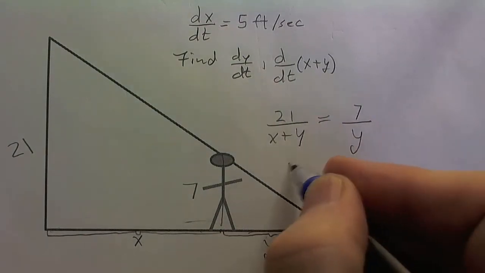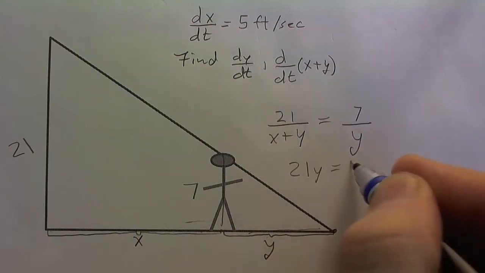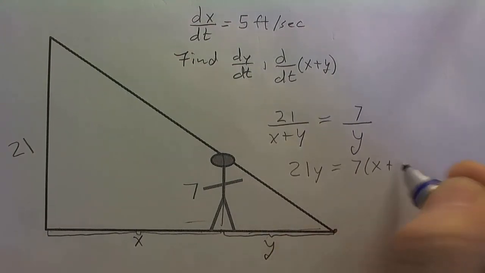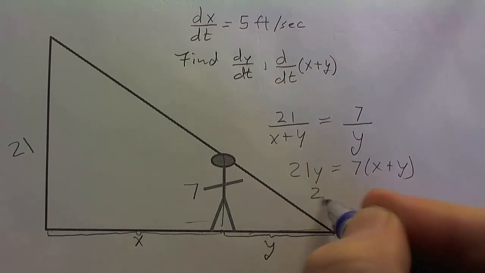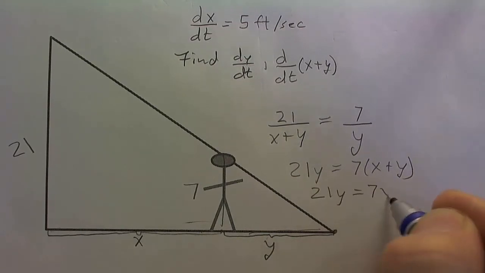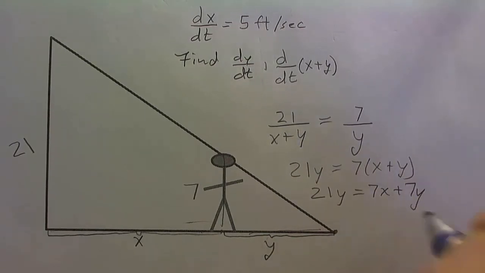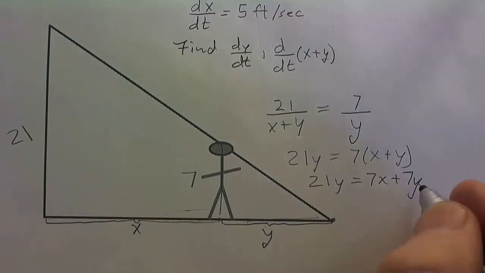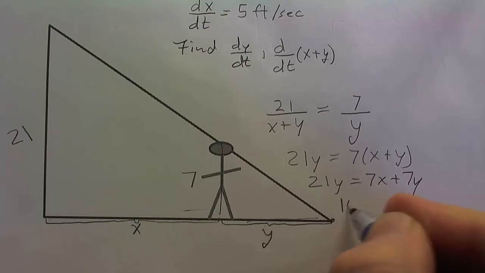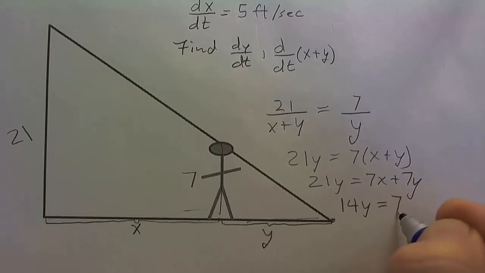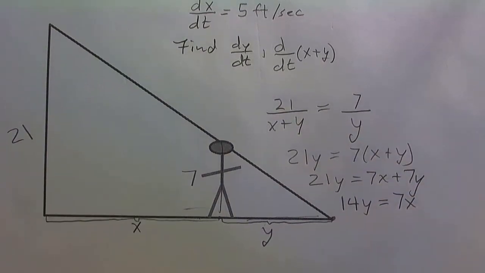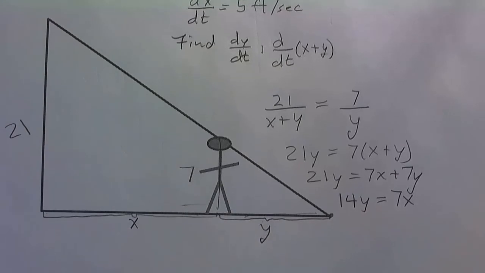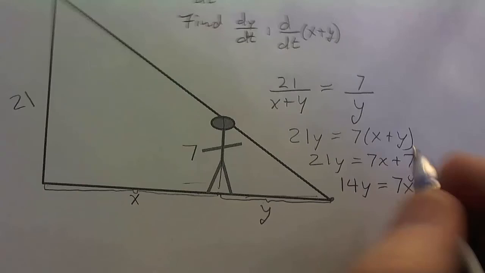Now, let's see what I can do then. I cross multiply here and I get 21y equals 7 times (x plus y). That means 21y equals 7x plus 7y. And that would be 14y equals 7x. Like that. And look, I can do more. I can divide out the 7.